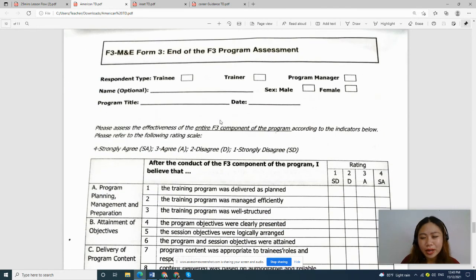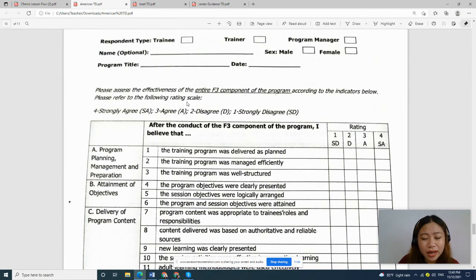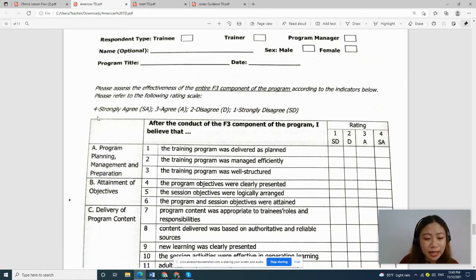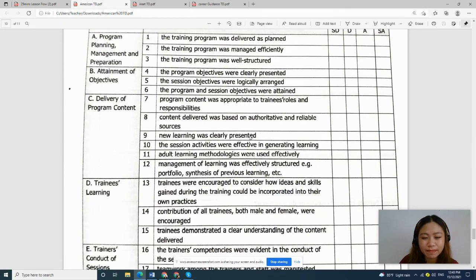Here again, this is what I told you about the F3 M&E form. This is where our participants assess the program that we conducted.